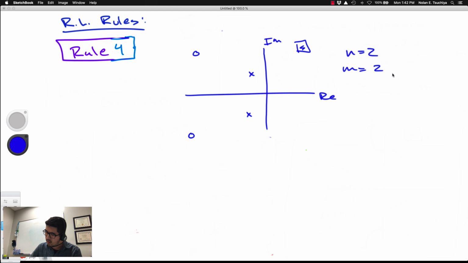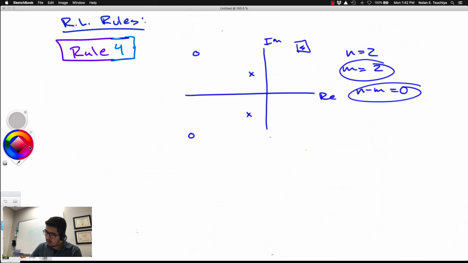According to rule 1, m of the branches, or 2 of them, should depart from the poles and then terminate at the zeros. Also, n minus m, which is 0 in this case, is the number of branches that approach infinity. So essentially, our branches are going to symmetrically leave the poles, and then they're both going to terminate at the zeros.